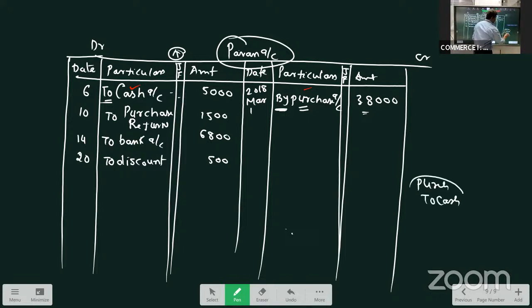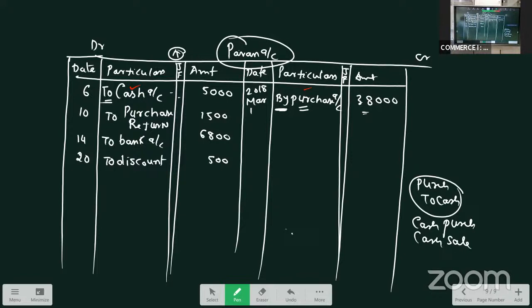In this entry, do we say the name of Pawan? We don't. Because when cash is paid, we don't write the name of the party. So whenever there is cash purchase or cash sale, we will not take this transaction when we are preparing Pawan account or any personal ledger.